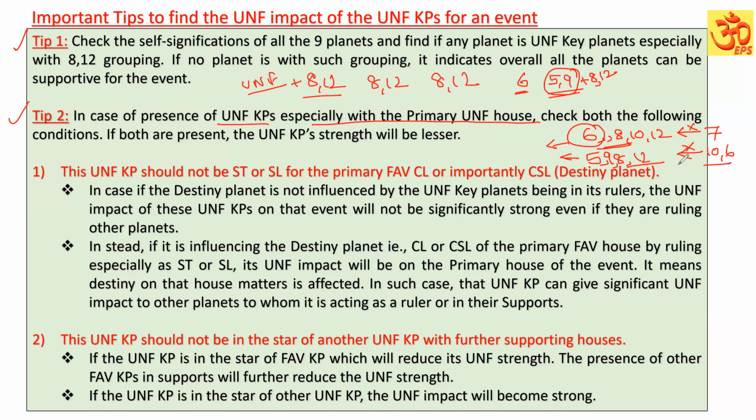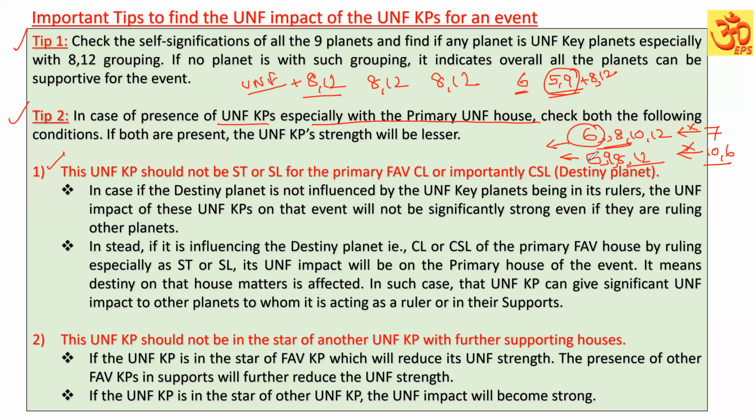But the intensity of that, whether it is not at all going to be completely favorable for the 10th house matters, or it is going to give only some challenges, or only some obstacles, the intensity of the unfavorable impact will vary depending on the conditions I'm going to tell you. How to check this unfavorable key planet, this one.